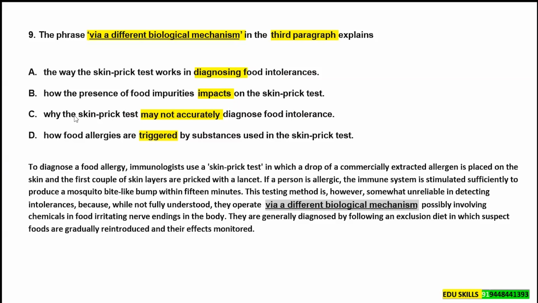Answer option C. Why the skin prick test may not accurately diagnose food intolerance. With keywords എടുത്തത് may not accurately. Answer option D. How food allergies are triggered by substances used in the skin prick test. Keyword is triggered. So, ഇപ്പം നമ്മൾ ക്വസ്റ്റ്യൻ ടെക്സ്റ്റും ആൻസറും അയച്ചു. നിങ്ങൾക്ക് നിങ്ങളുടെ ആൻസേഴ്സ് ചാറ്റ് ബോക്സിൽ മെൻഷൻ ചെയ്യാവുന്നതാണ്.